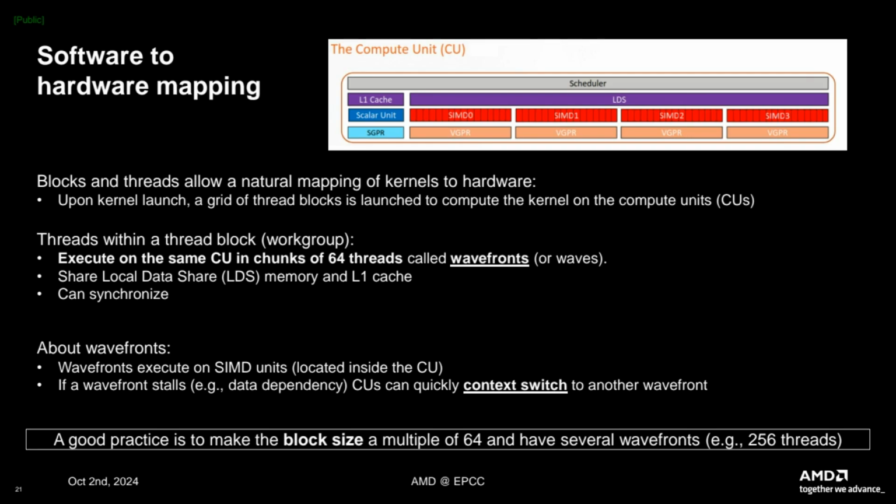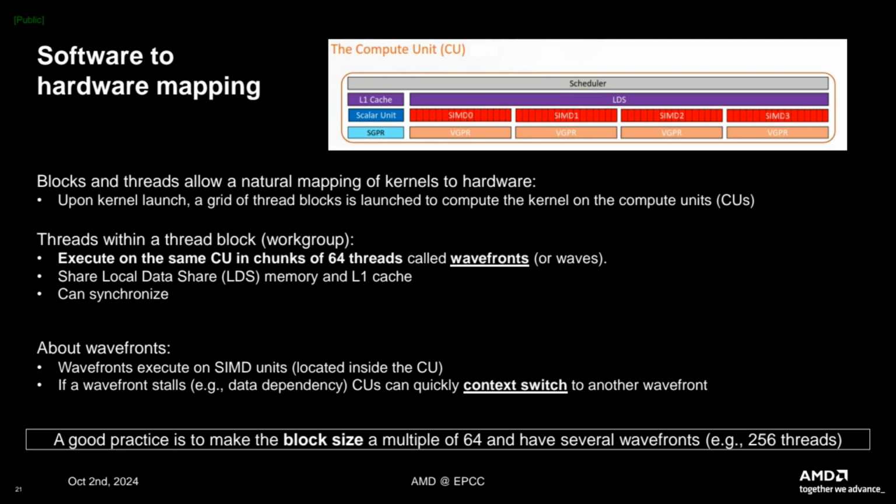Okay, the other thing to talk about is the software to hardware mapping, and I'm going to present a justification as to why we have this thread grid and why it makes sense to use it, considering the type of hardware that we have. Here I'm showing a little diagram of a compute unit for an MI200 series AMD accelerator.